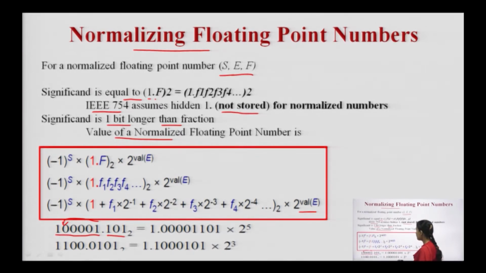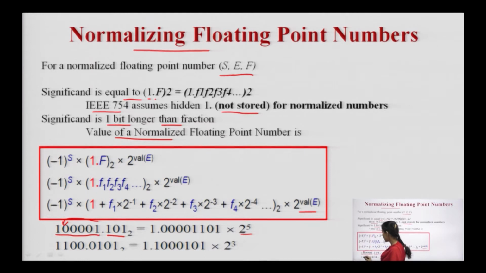My number will be 1.00001101 × 2^5, as I have shifted 5 places. When I shift left, I add to the exponent, and when I do a right shift, I subtract from the exponent.